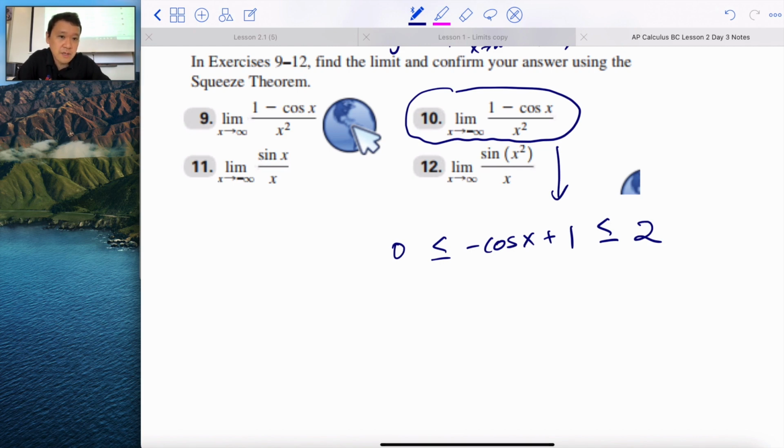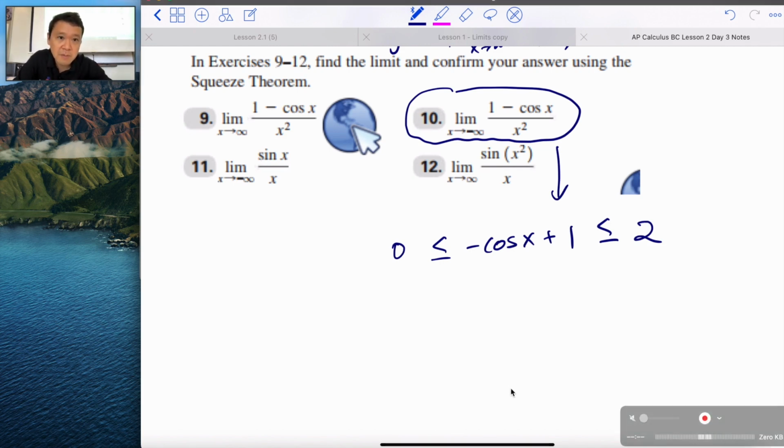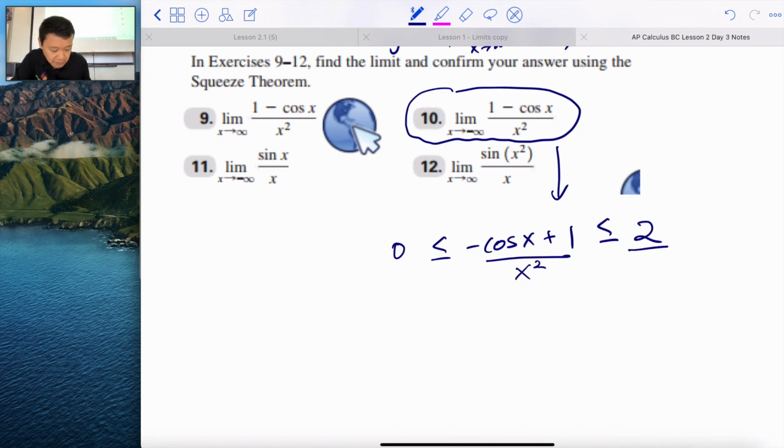And then I want to get to the intended function, 1 minus cosine of x over x squared. So I'm going to divide each part by x squared. And then I could introduce the limit notation for each.